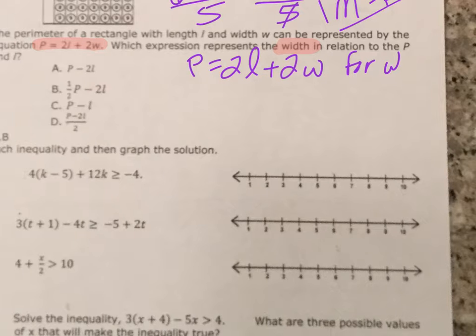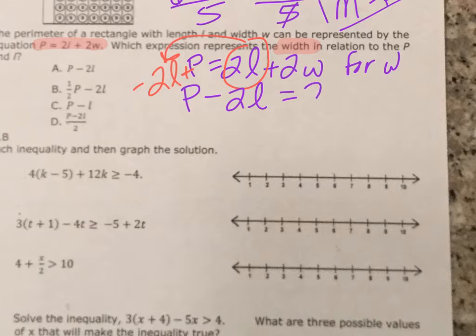So I need to move this 2L to the other side, which is going to change its sign. So basically I'm subtracting 2L from both sides. Okay, so that gives me P minus 2L equals 2W.